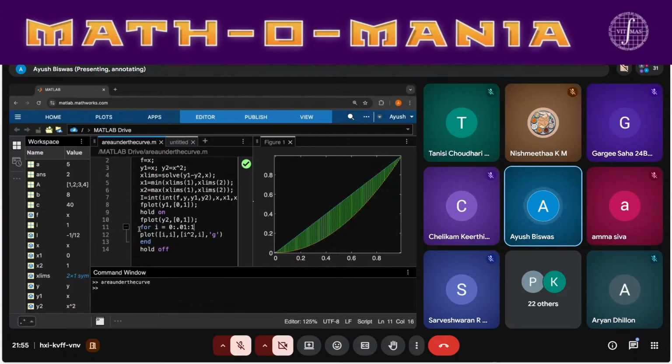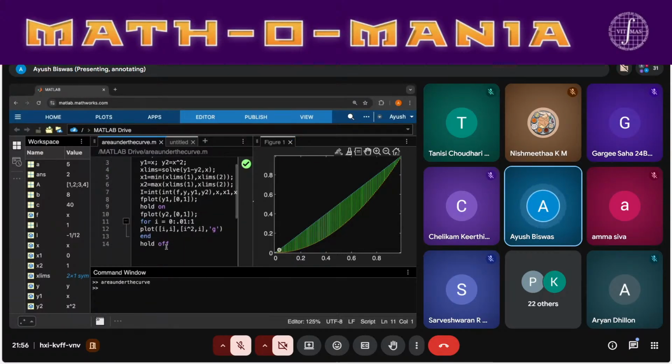Now, if you look from the 11th line of code, for I is equal to 0 to 1, we are incrementing for each 0.1 in the x-axis, and we go all the way to 1. It is plotting the green lines from I to I squared. So it plots these green lines at a distance of 0.1 of the x-axis.